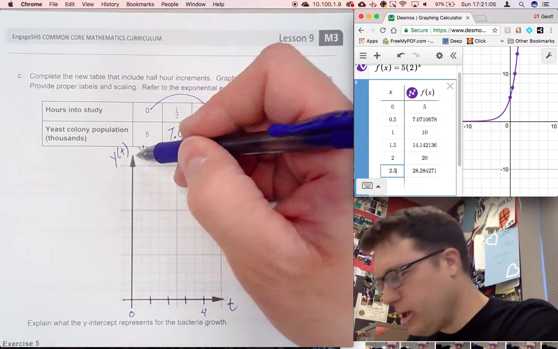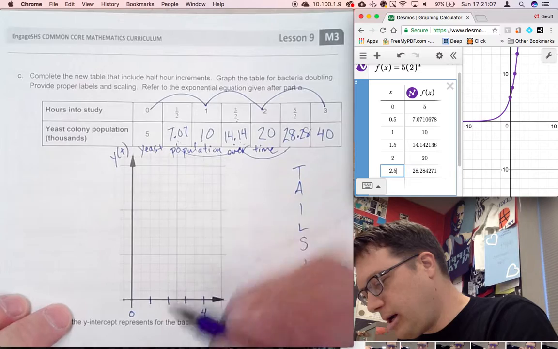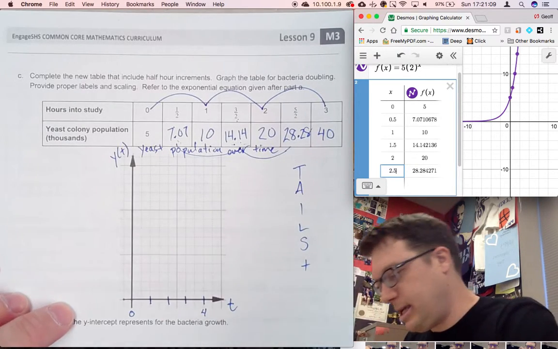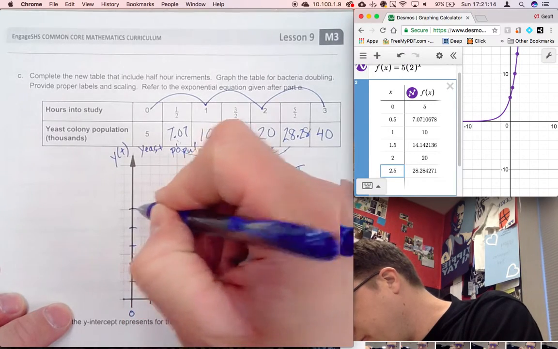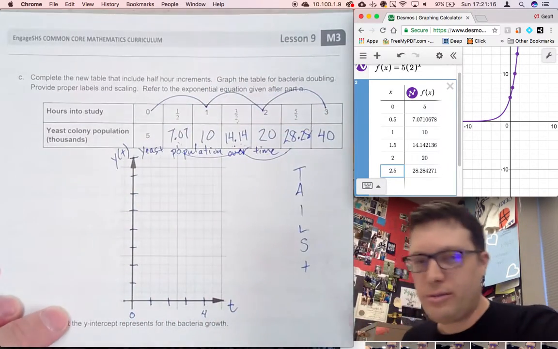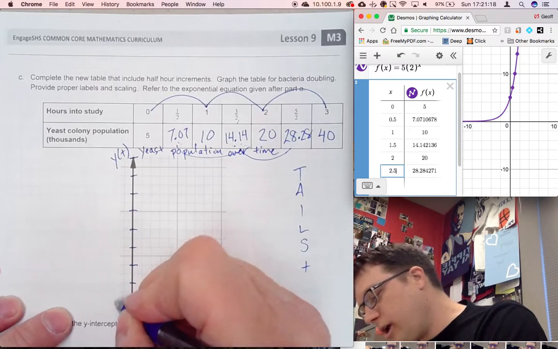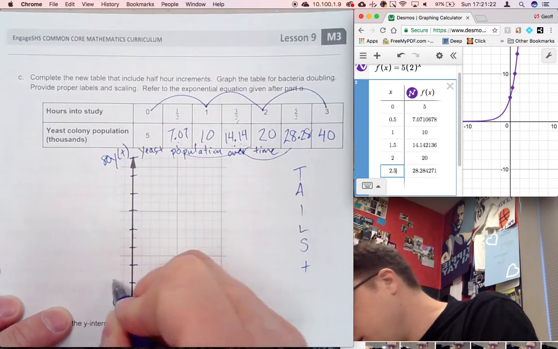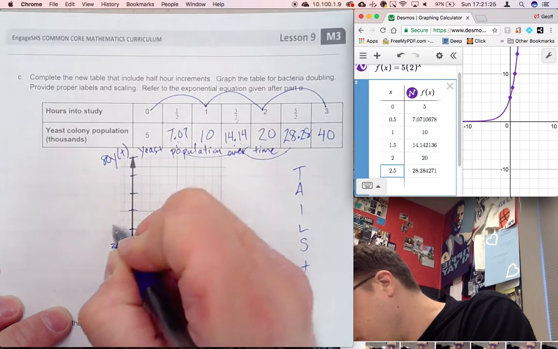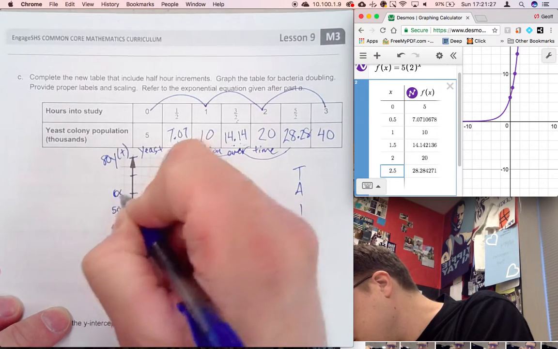My brain just broke. Let's go by tens. Let's go that every 2 spaces is 10. So here's 10, 20, 30, 40, 50, 60, 70, 80. Yeah, that's what I meant to do all along.